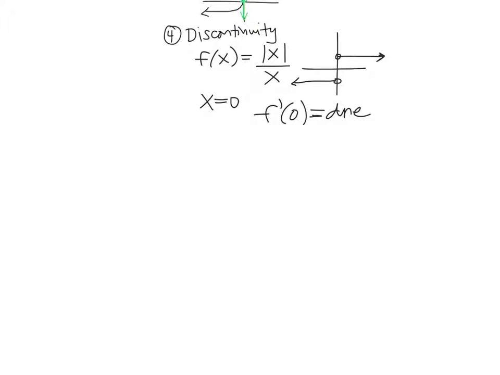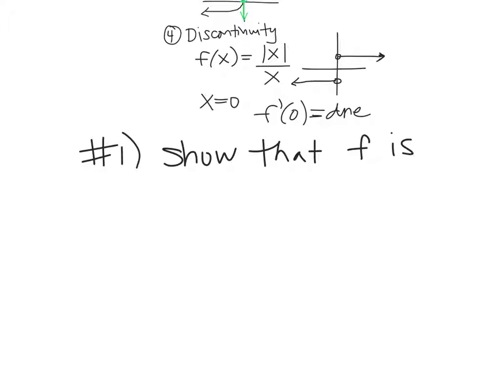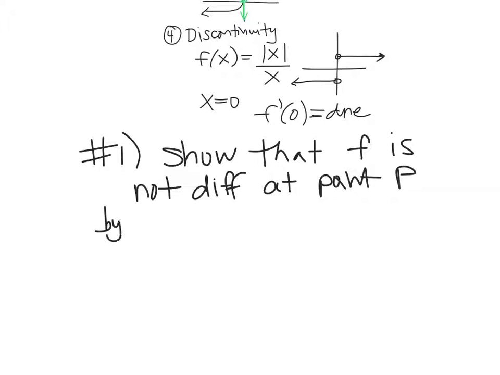All right, so here, this is what we're going to do. Number 1. We're going to show that f is not differentiable, I'm just going to abbreviate and write DIFF, at point P by using the alternate definition of derivative.